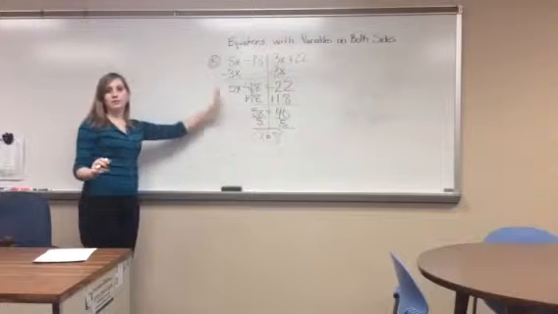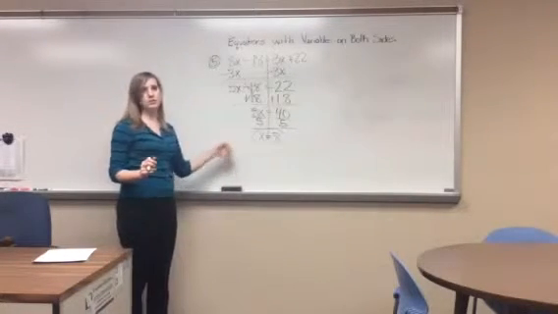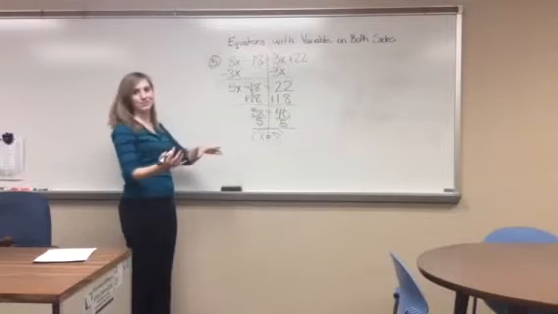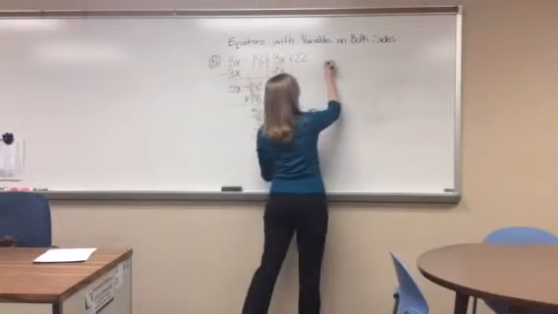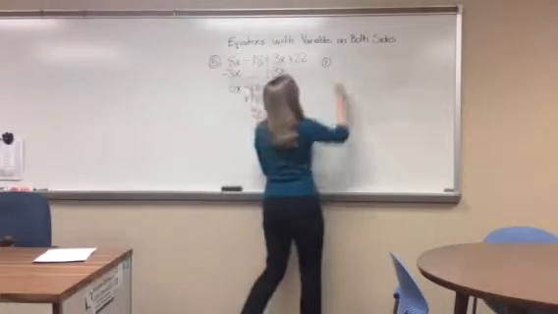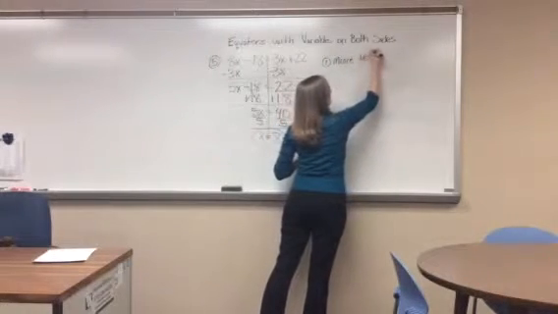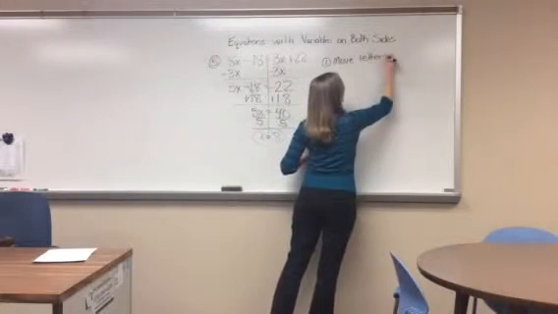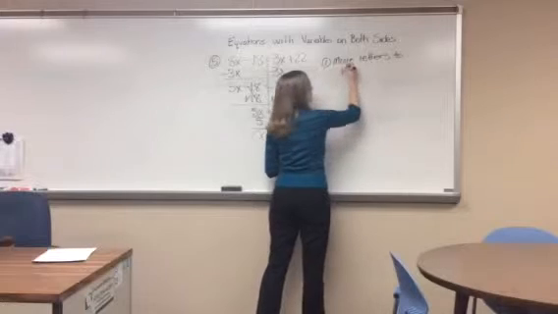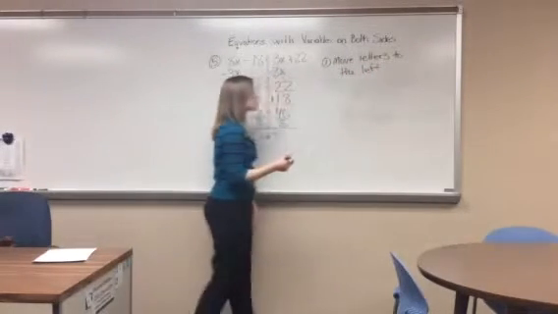Now, this is the most steps that we've had to do in a problem so far. So if you're getting a little confused as to what step to do first, I would suggest writing off to the side the steps that you need to follow. Step number 1, move the letters to the left. That's the first thing we did. We want to get those letters together first.